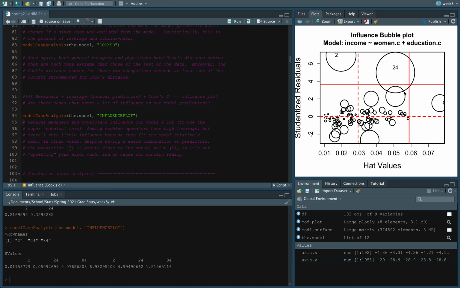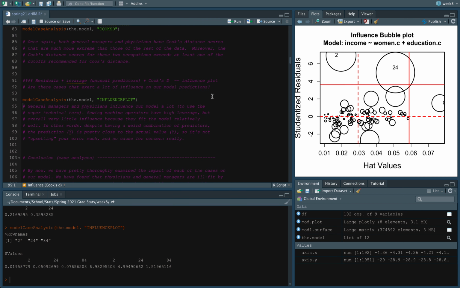They pull those estimates quite a bit. The sewing machine operators' leverage is high, but its Cook's D isn't terribly concerning, and most importantly, its residuals aren't that bad, so it's not messing up the predictions in the model, and so that one's not terribly concerning.